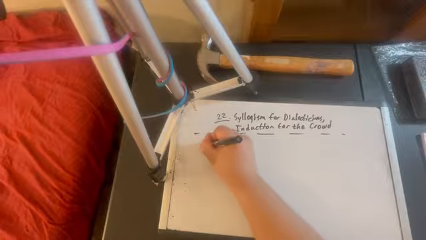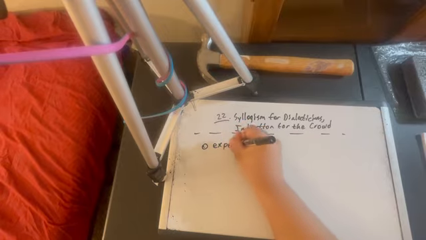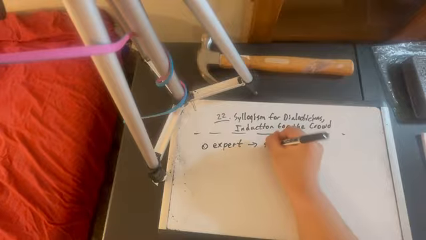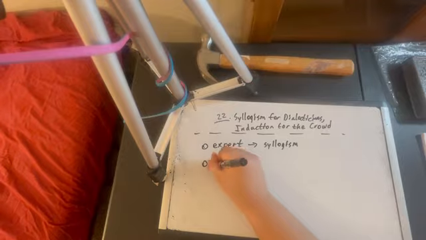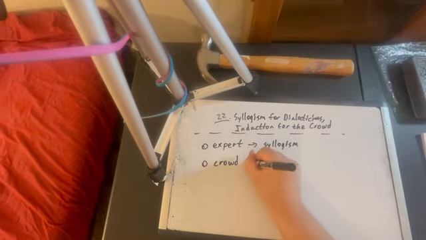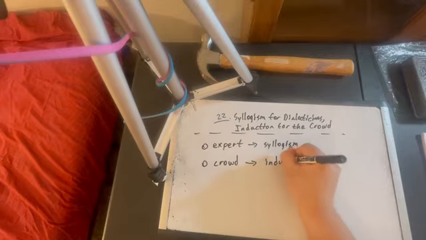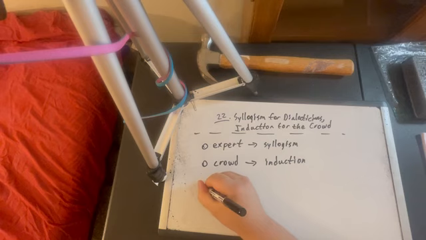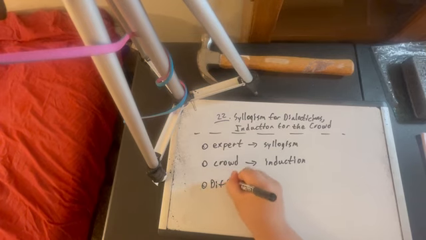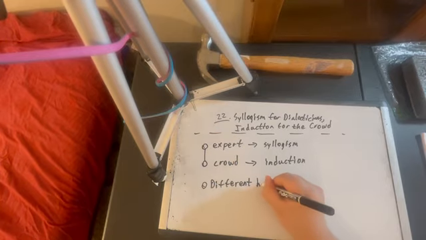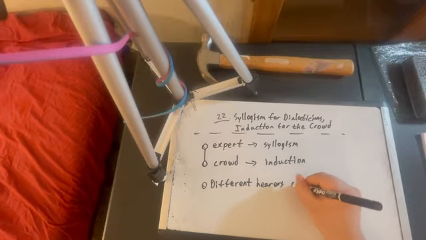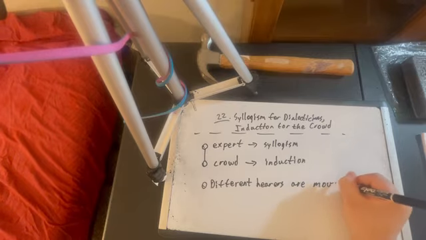So if you have an expert in the case, the tool of the trade would be a syllogism. For a crowd, induction might be an easier thing, at least in Aristotle's estimation here. So the form of argument should fit the audience. Different hearers are moved by different forms of reasoning. And we saw this earlier, and we see this in day-to-day life.